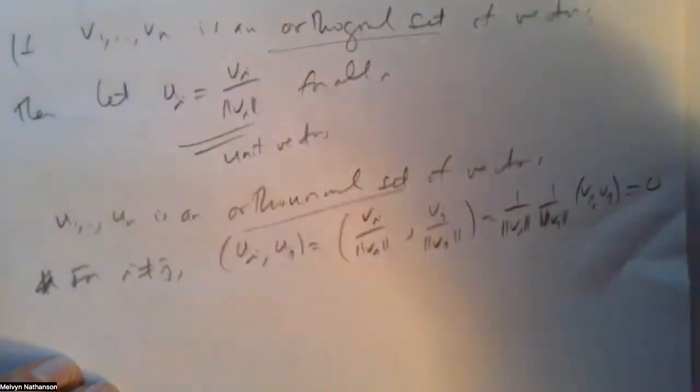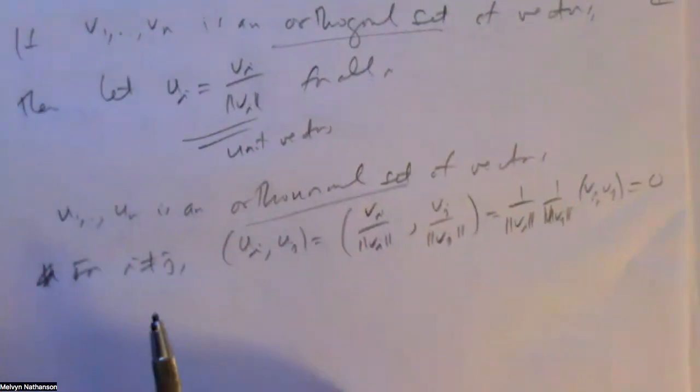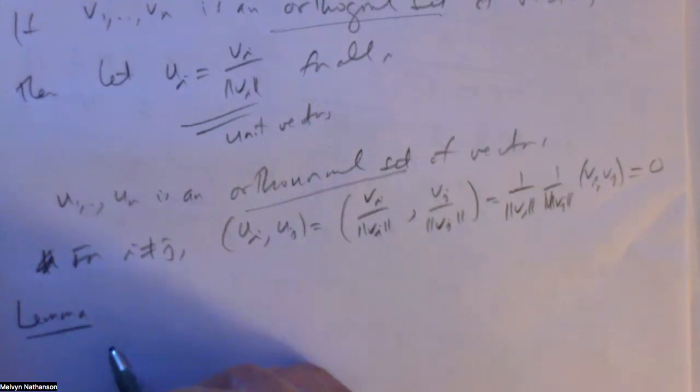And one nice property of orthonormal sets is that it reduces every inner product on a finite dimensional vector space to the standard inner product. So this could be a theorem or a lemma.